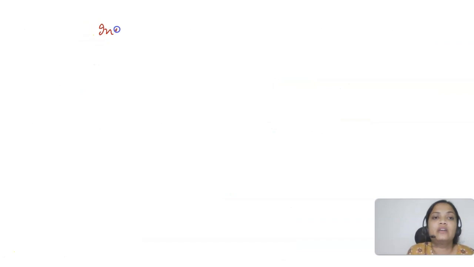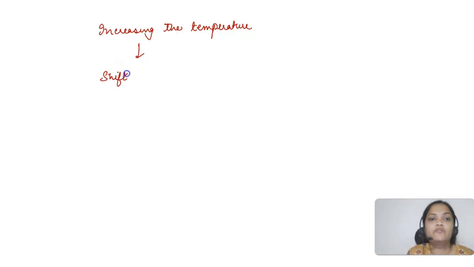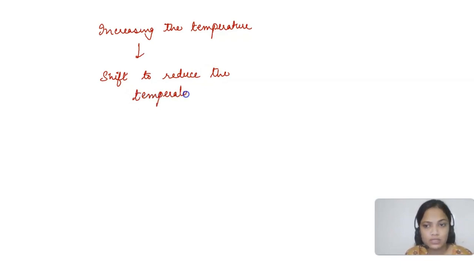देखो, if you are increasing the temperature, all right, so what will happen, students? System will shift or equilibrium will shift to reduce the temperature. Of course oppose करेगा वो, right? So system will shift to reduce the temperature. अब temperature reduce कैसे होगा? अगर जो हम temperature दे रहे हैं, if we are increasing the temperature, वो सारी heat absorb हो जाए.